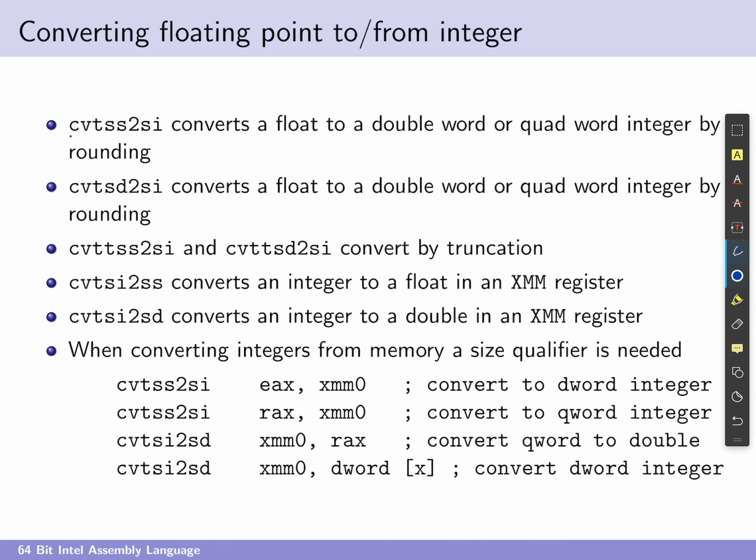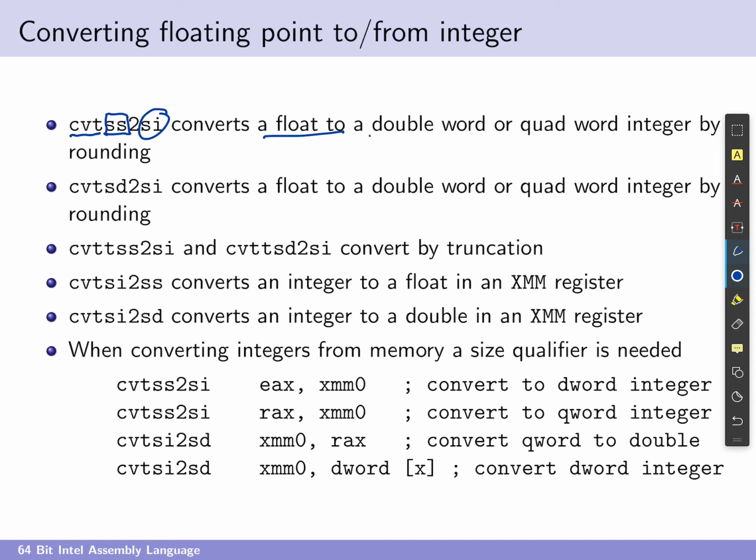We have this CVT, and again we have our starting format. This is going to convert a scalar single to a scalar integer. So this is going to convert a float to a double word or a quad word integer by rounding.